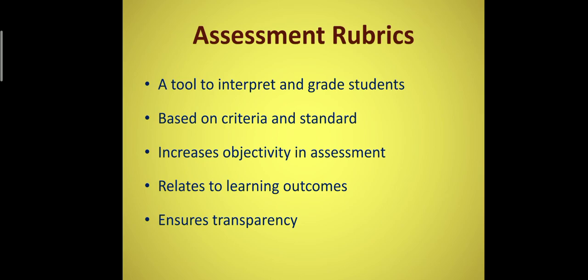In case of the assessment rubric, you have to give mark if the answer mentions the particular points which are present in the rubric. Even if you don't like the answer, you have to give marks because the learner has mentioned and analyzed the points. According to the assessment rubric, you have to give the mark. So it ensures transparency. Why I have given the mark and why I have not given some mark is already there in the rubric.